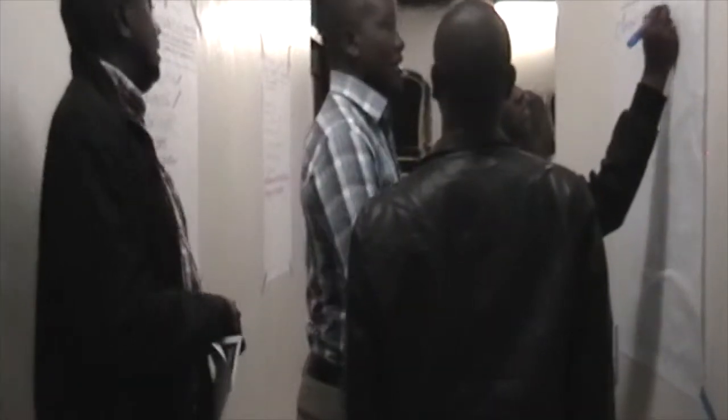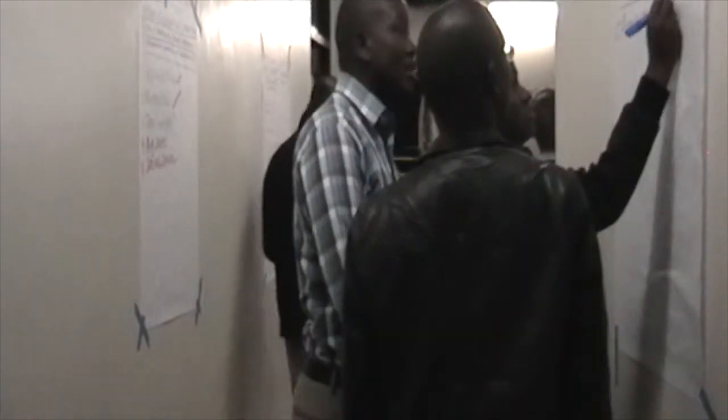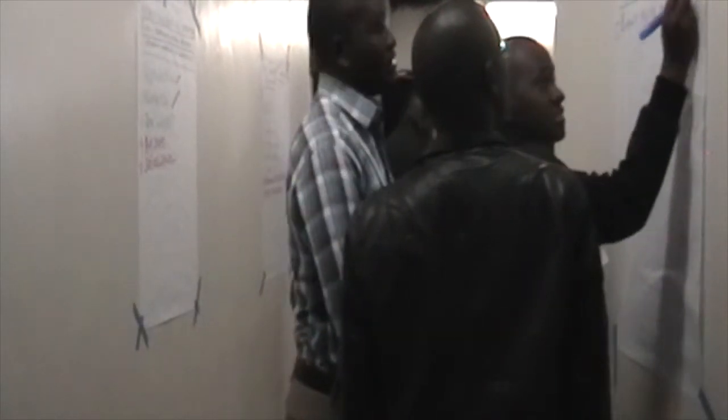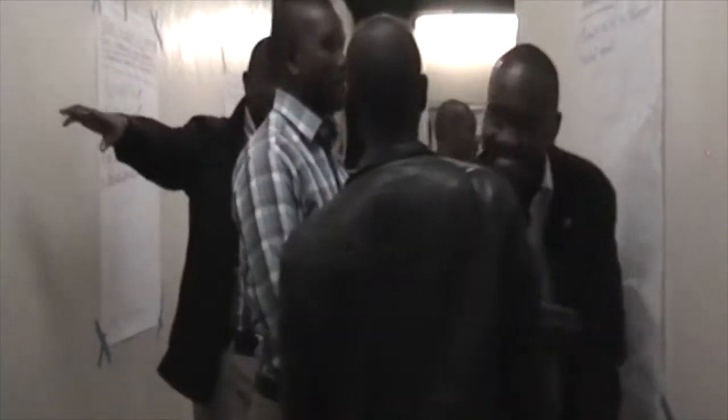Restrict access to patients' records. Let's move to the next flip chart. Douglas and team, let's move to this one. See what you have. If you agree with what they have put, just mark. If you have an extra point, you can add.